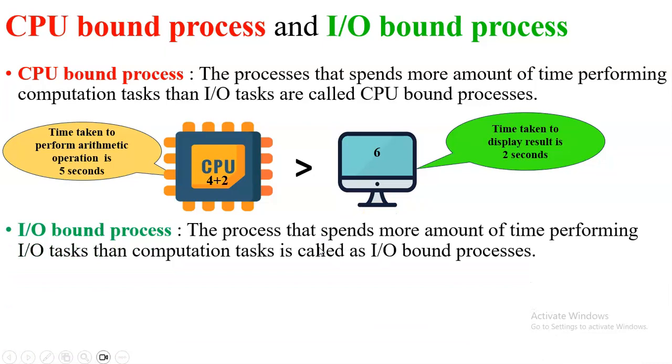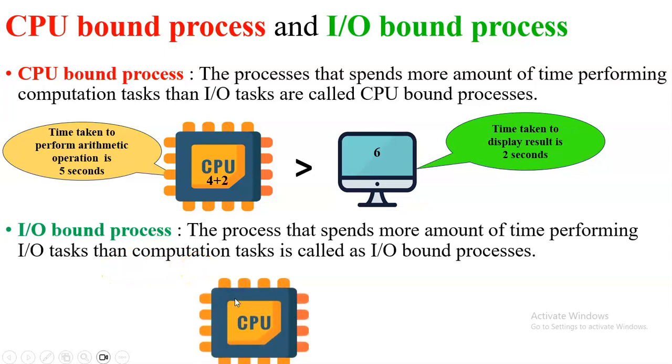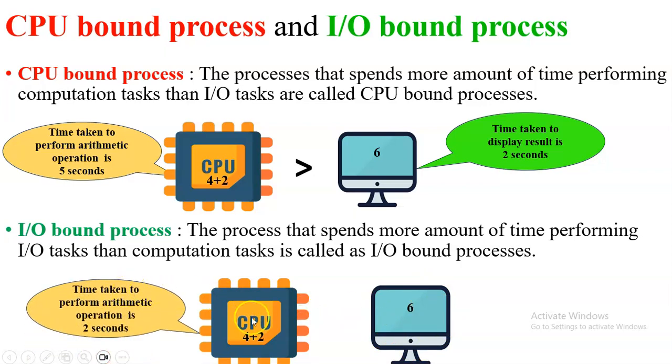The next one is input-output bound processes. These are the processes that spend more time performing input-output tasks than computation tasks. So again we will take the same example wherein the CPU is performing some arithmetic operation, that is 4 plus 2, and it is displaying its result. So this is the input-output task. Now here the time taken to perform this arithmetic operation is 2 seconds.